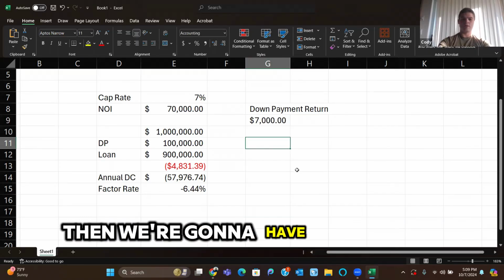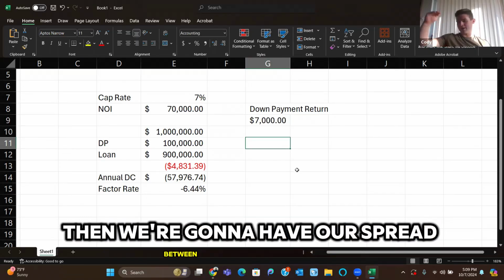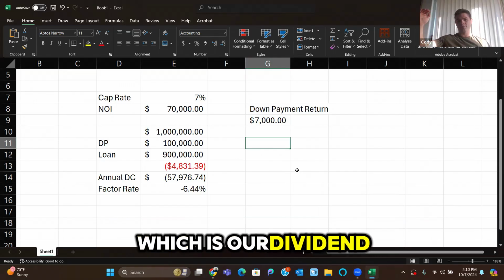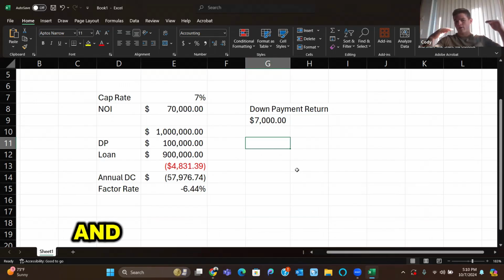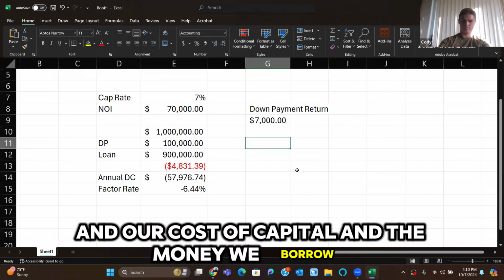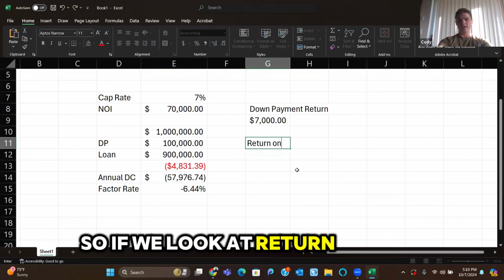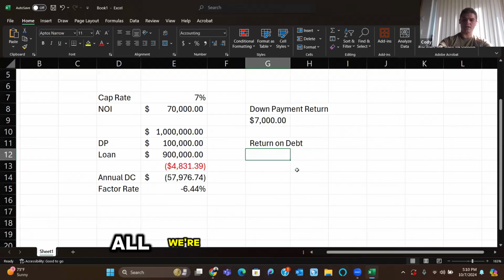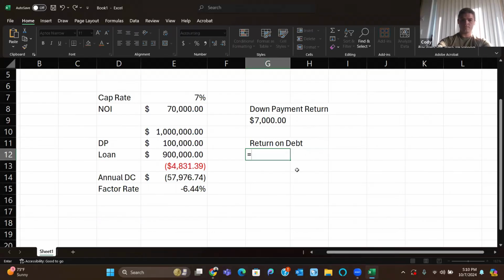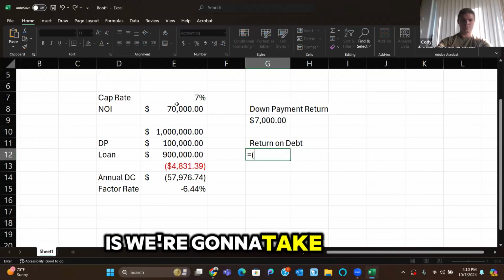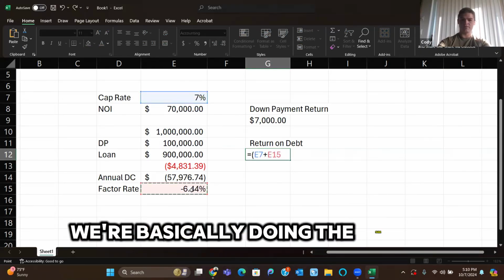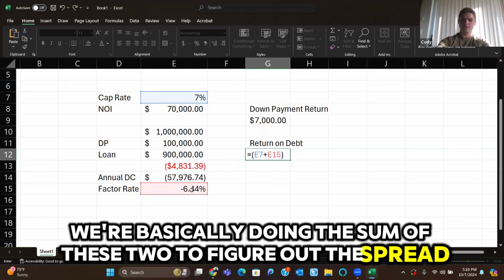Then we're gonna have our spread between our cap rate, which is our dividend, and our cost of capital on the money we borrow. So if we look at return on debt, all we're looking at here is we're going to take the 7%. We're basically doing the sum of these two to figure out the spread.